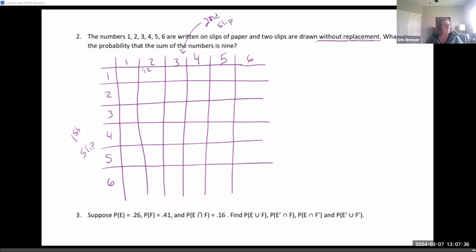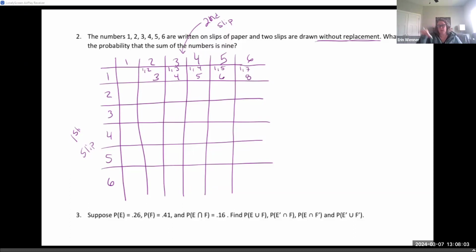We can have 1 on the first, 2 on the second, which gives us a sum of 3. 1 on the first, 3 on the second, which gives a sum of 4. 1 and 4, which is a sum of 5. 1 and 5, which is 6, and 1 and 7, which is 8. Those are the sums, and the ordered pairs just indicate how we're pulling them.